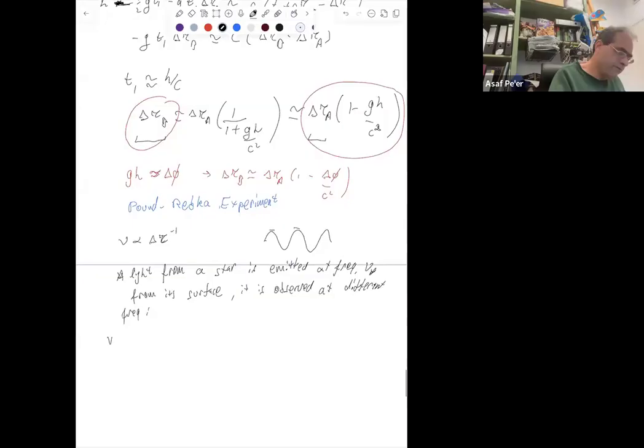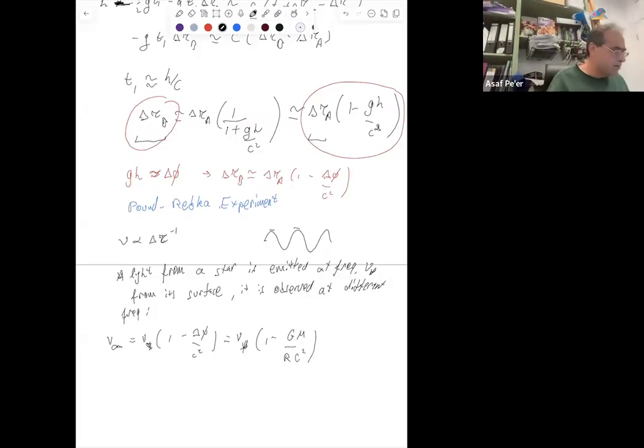Nu infinity is nu star times 1 minus delta phi over c squared, which is nu star times 1 minus GM over r c squared. M, of course, is the mass of the sun, and r is its radius.